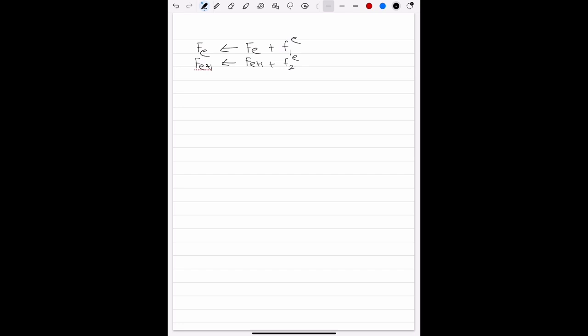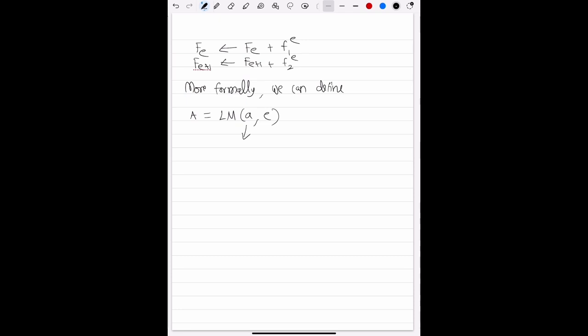So more formally, to simplify these relations, we can define a location matrix, which is capital A equal to location matrix of small a, comma E. Here, small a is the local node number of a particular element E, which ranges from 1 to 2, since there are only two nodes associated with a particular element in the linear finite element method in 1D.